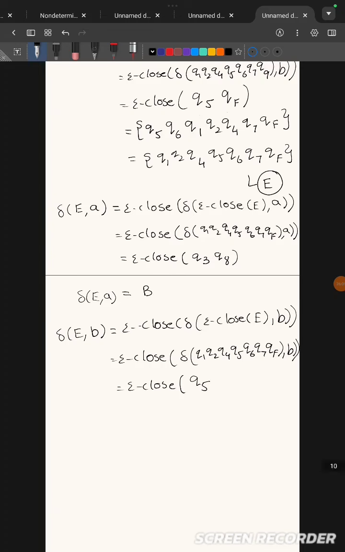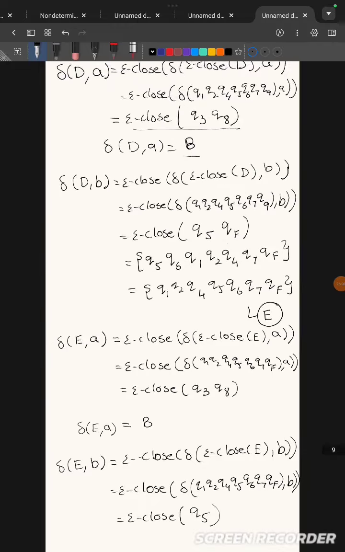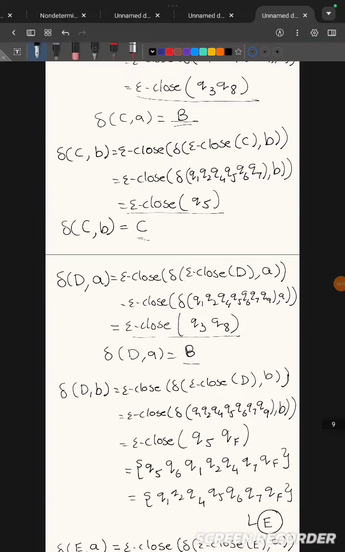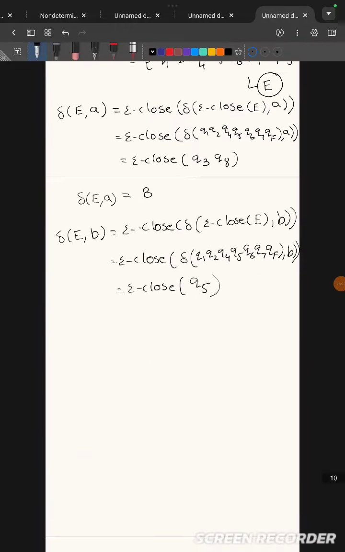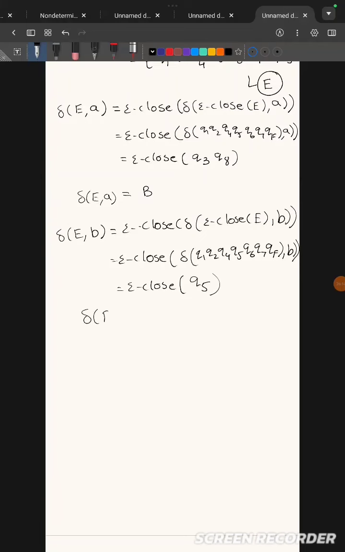Q6 doesn't have one. Q7 has a transition on A, not on B. Qf doesn't have any transition. It is just the epsilon closure of Q5, which is nothing but C. So we can directly write delta of E comma B is equal to C.